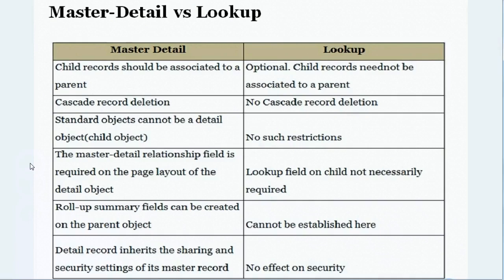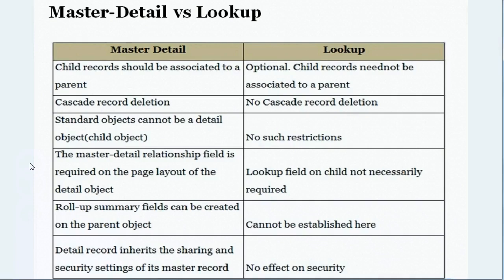And coming to cascade record deletion, that happens in master detail, whereas it doesn't happen in lookup. So whenever a master record is deleted, all its related detail records are also deleted.